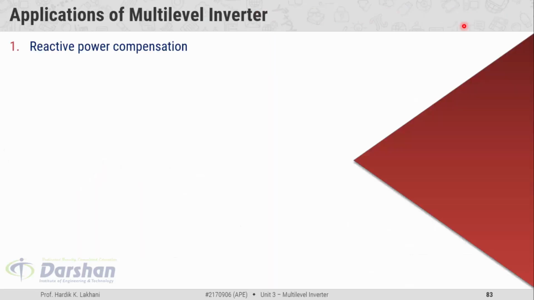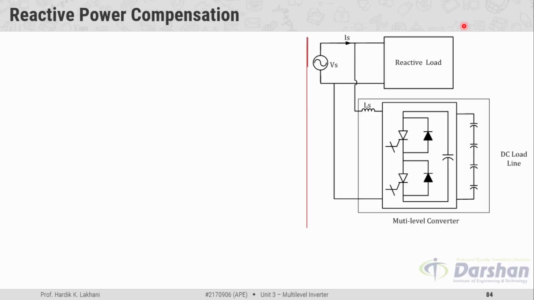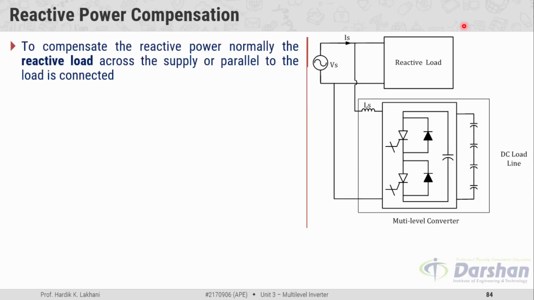Applications of multi-level inverter. The first one is reactive power compensation, second is back-to-back intertie, and third is variable speed drives. Now let us understand each of them one by one. The first one is reactive power compensation. The multi-level inverter can be used as a reactive power compensator.